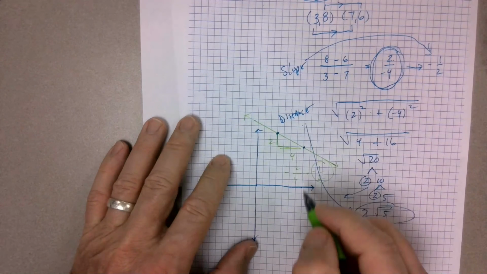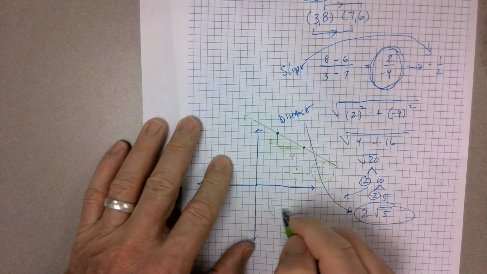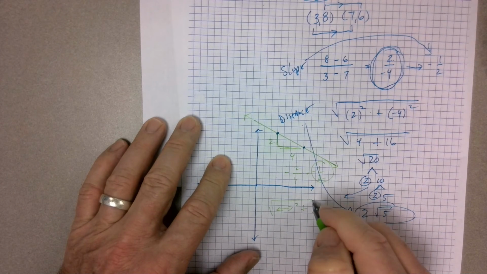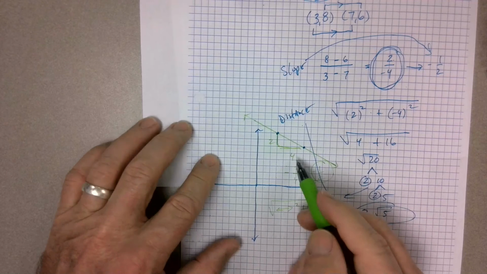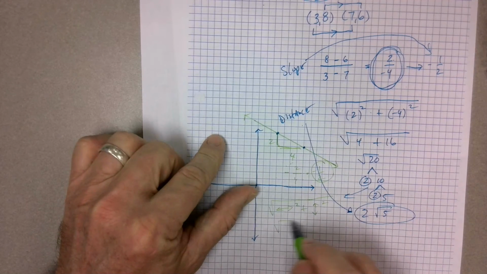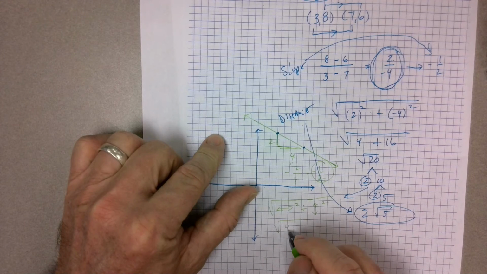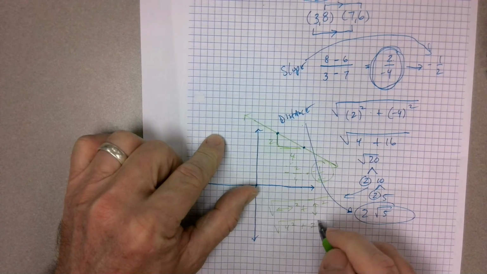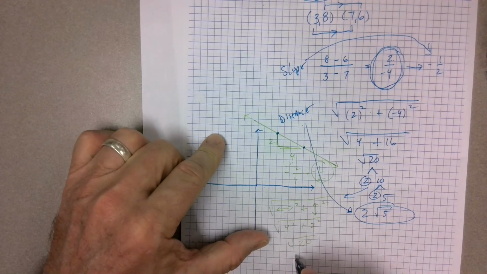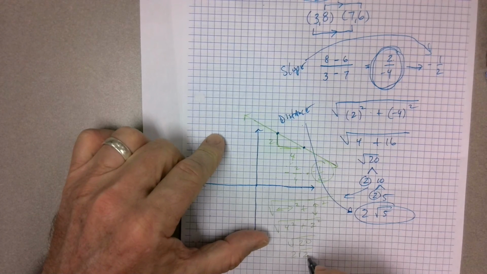The formula I've been sharing with you is horizontal movement squared plus vertical movement squared, and there's those same values. You might have been noticing that those same values continue to show up. So this is 4 squared plus 2 squared, which is 20, which we just showed that that's going to simplify to 2 root 5.